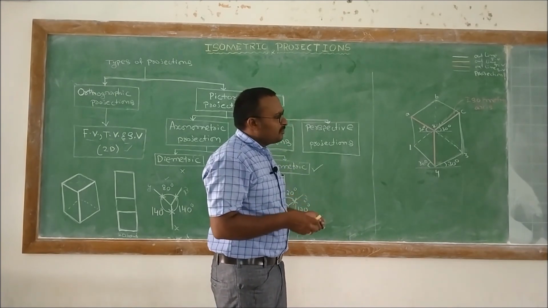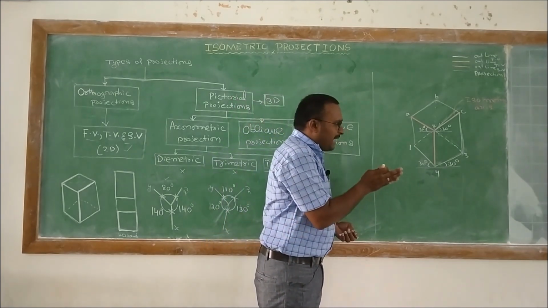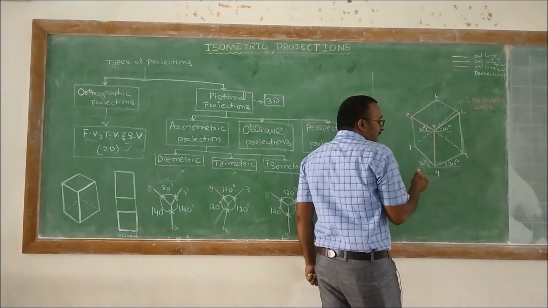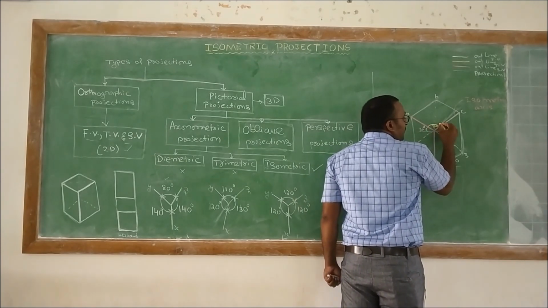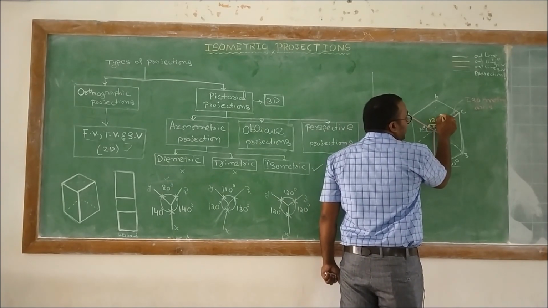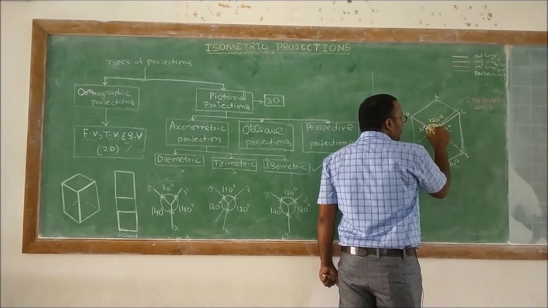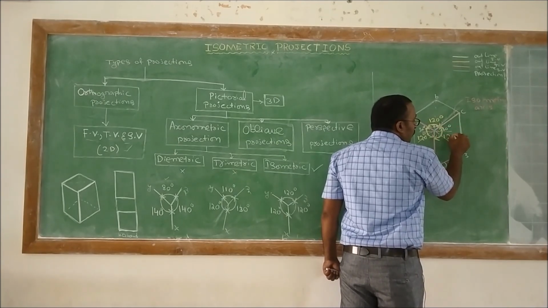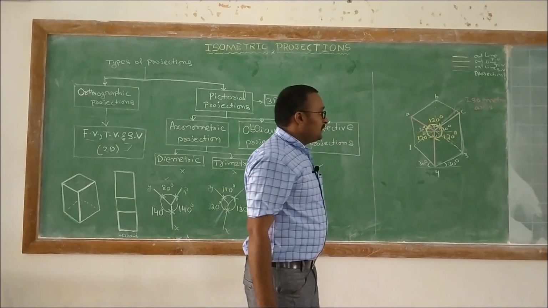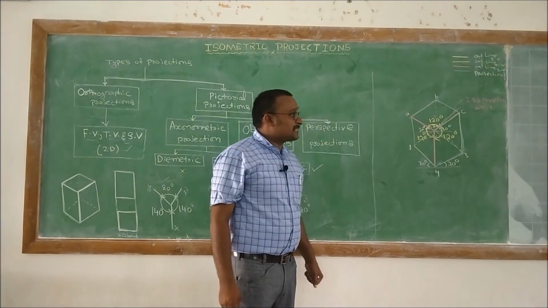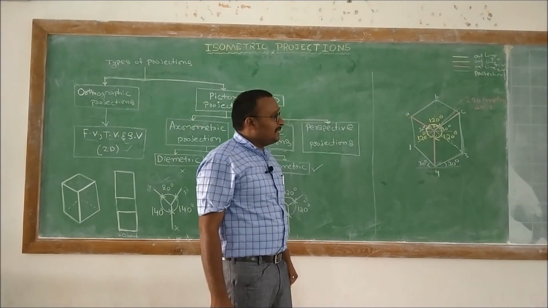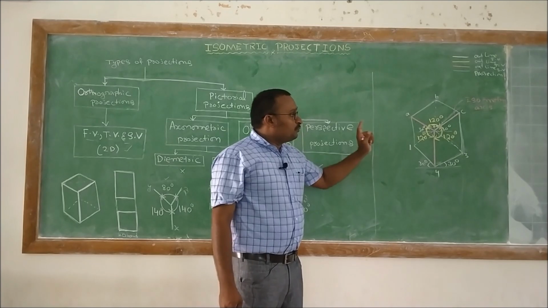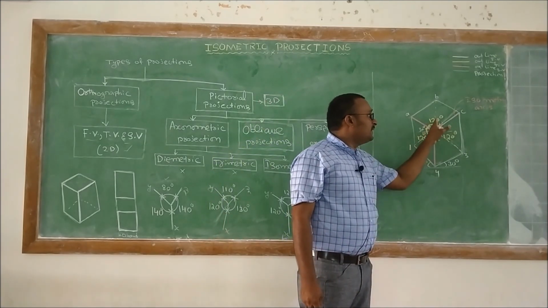Because the lines are inclined to the VP, we are projecting that diagram onto the VP, so the lines are inclined at some angle. But the angle between these axes will be equal, 120 degrees. Here to here it is 120 degrees, and here to here it is 120 degrees. Right? So the isometric axes must be perpendicular to each other. At the same time, whenever we see it from the isometric projectional view, it will be 120, 120, 120 degrees.